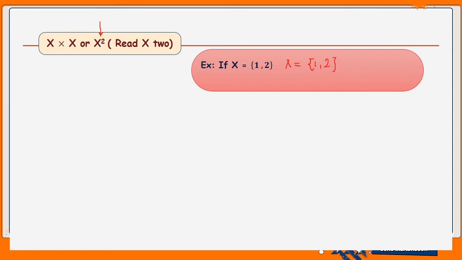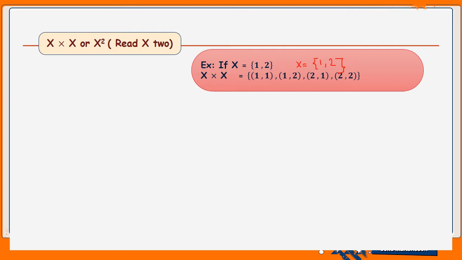So our ordered pairs will be (1, 1), (1, 2), (2, 1), (2, 2).